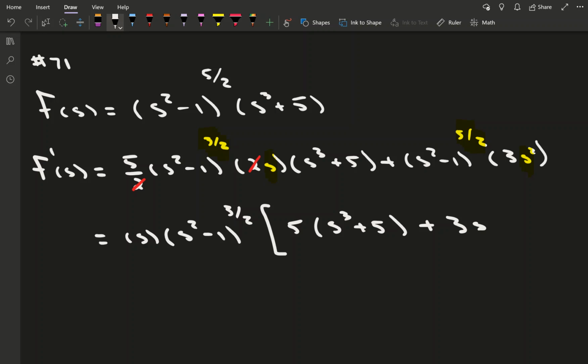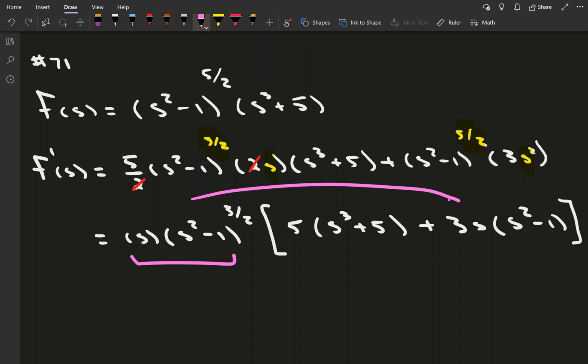And what you add to 3 halves to get 5 halves is 2 halves, or 1. So I'll just write s squared minus 1. And again, this kind of happens when you factor out the least power. You can check by taking this thing and distributing it on this side of the plus sign, and you'll see you get this whole thing when you add the exponent 1 with the 3 halves.